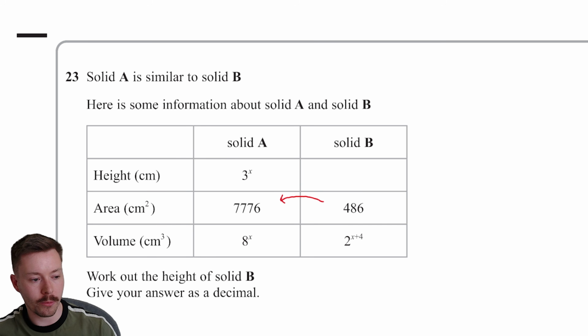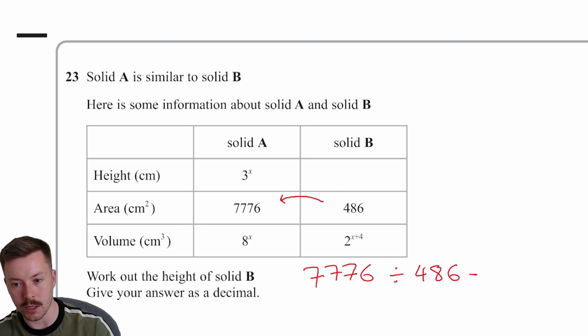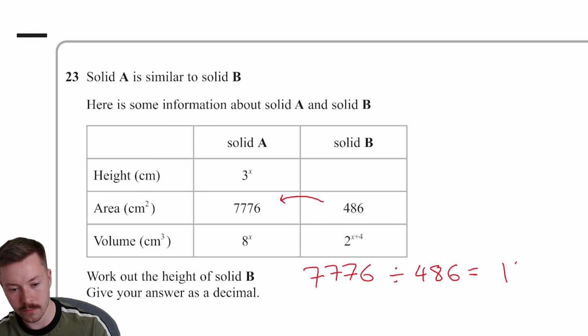So let's work out that first of all. So we're going to do 7,776 divided by 486. That is going to give us, I believe, 16.